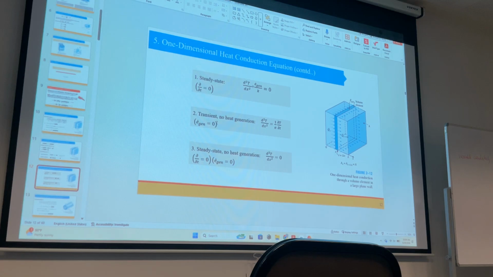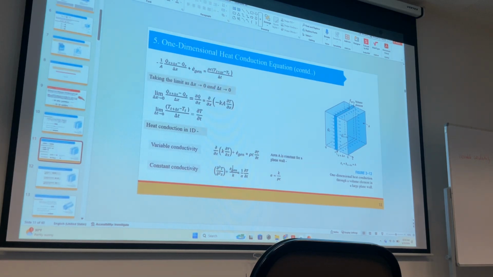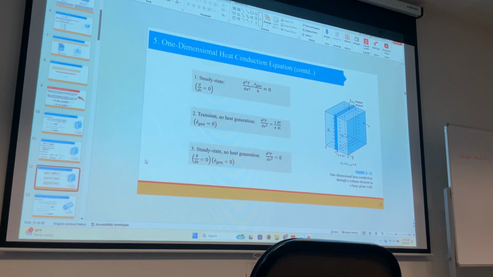I'm telling you this material cannot store any heat. Whatever is coming inside, going outside. There is no heat generation. So this term becomes 0. Understand? When I'm telling you that it's steady state and no heat generation, then both of these terms become 0. This term and this term become 0. So you only have this.